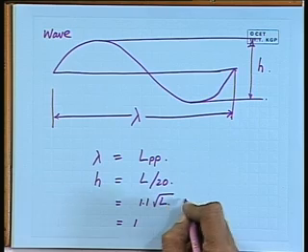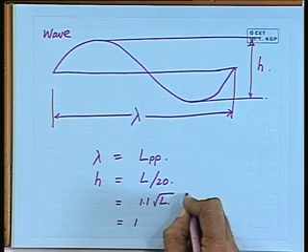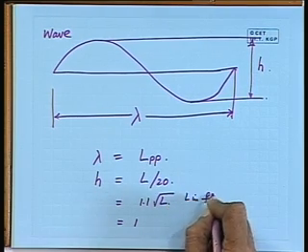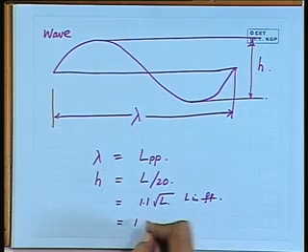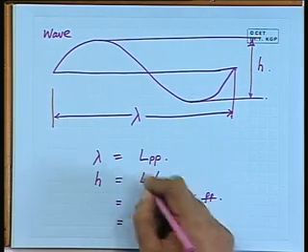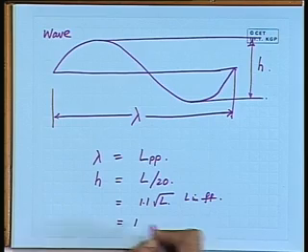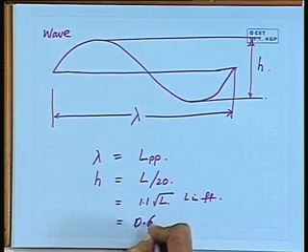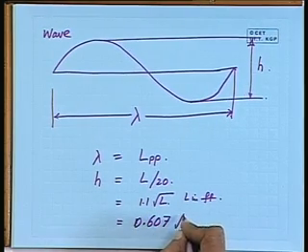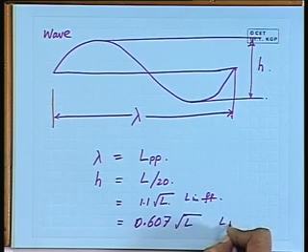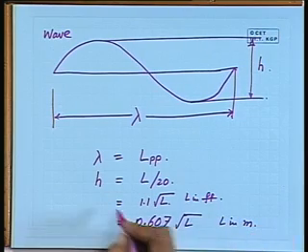This is L in feet, let me write L in feet, which is equal, here it is dimensionless, and here if we want to convert it, then 0.607 root L in meters. Okay.